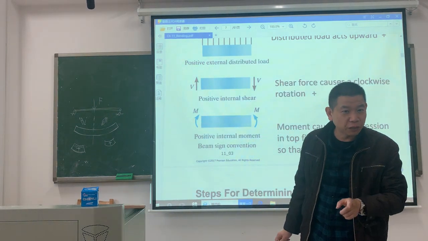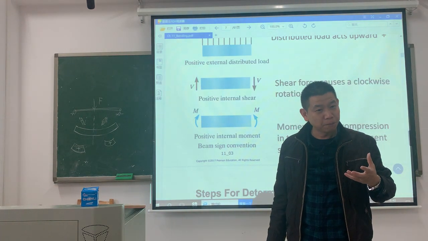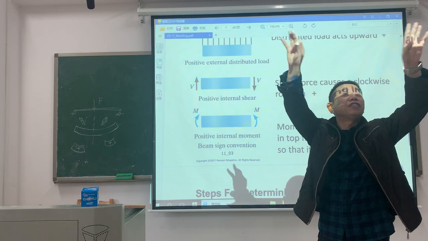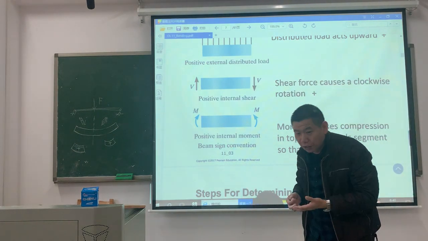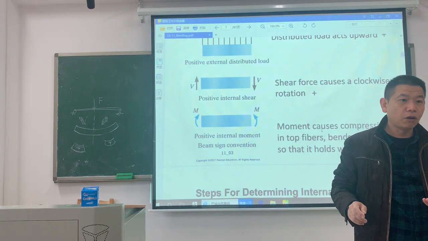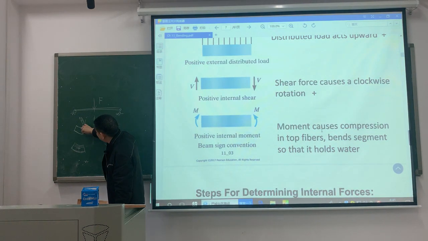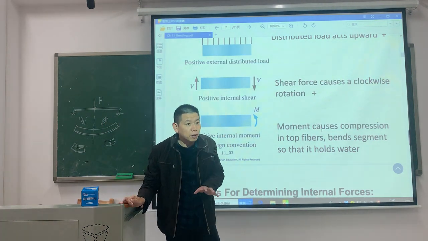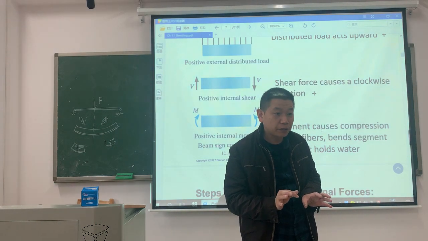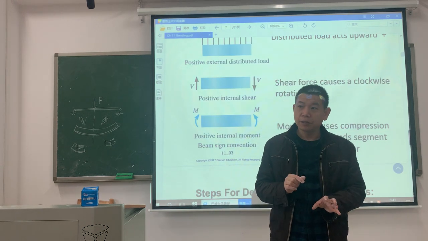So where should we place the steel rod in the beam? Because steel rod is good in tension, the steel must be placed in the bottom part, because concrete is weaker in tension.